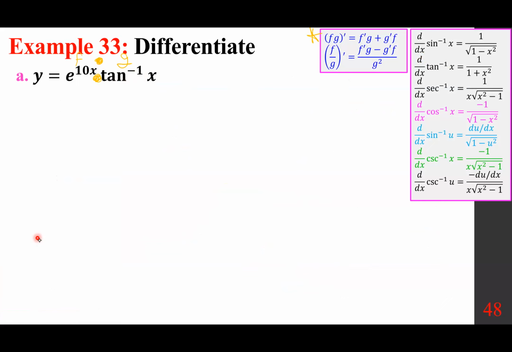So we need f prime: the derivative of e to the power of 10x is e to the power of 10x times 10, that's f prime. Now g, just put the tan inverse next to it, plus g prime. What is the derivative of tan inverse? It is 1 over 1 plus x squared, and then times f, e to the power of 10x.